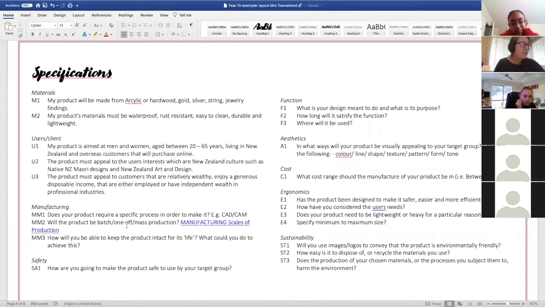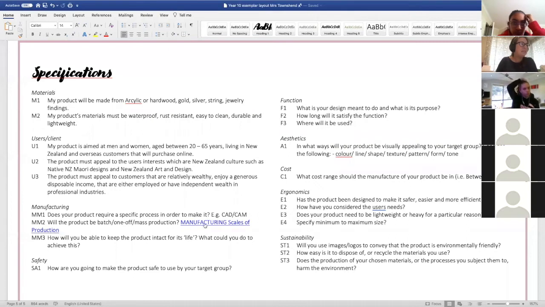So you're going to write, my product will be made as a batch production, or my product will be designed to be made as a batch production, whichever one you write, and I will make one as a prototype for this schoolwork, for this assignment, something like that.